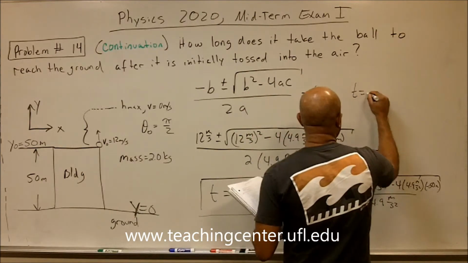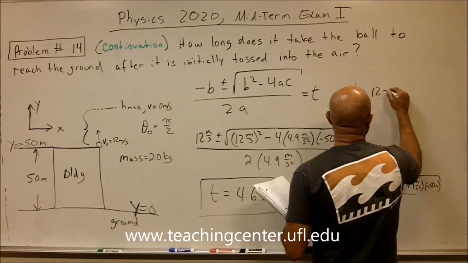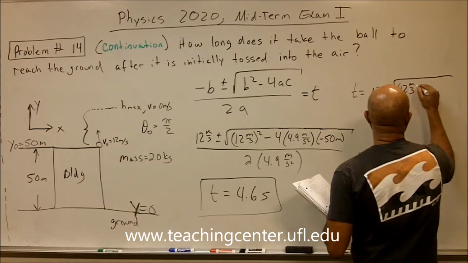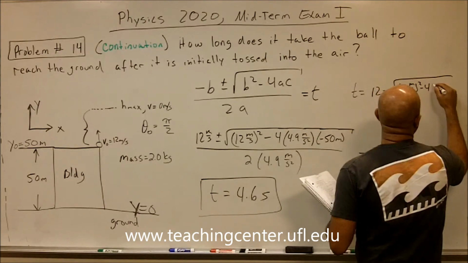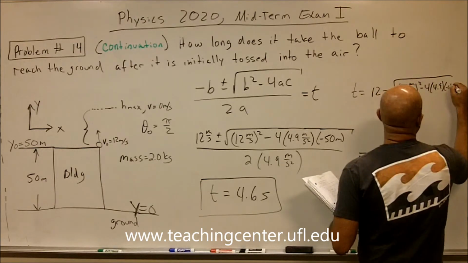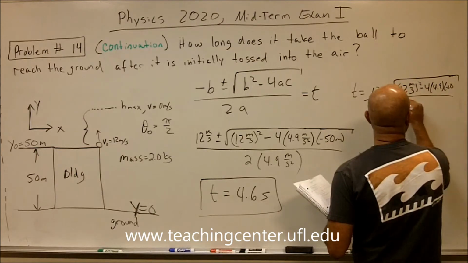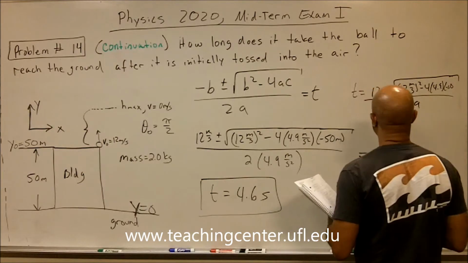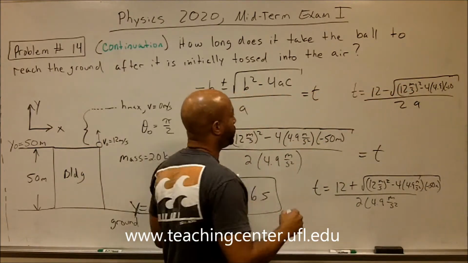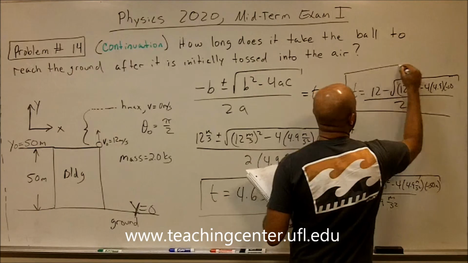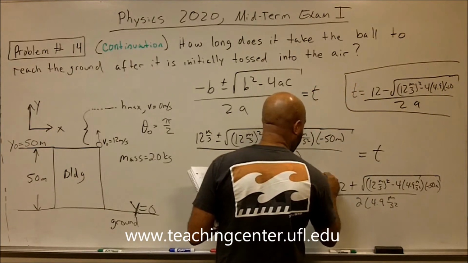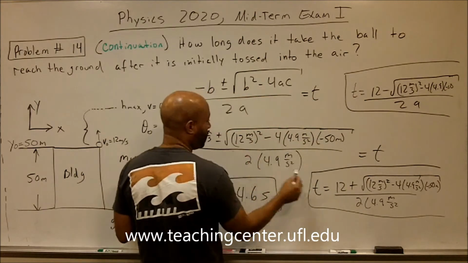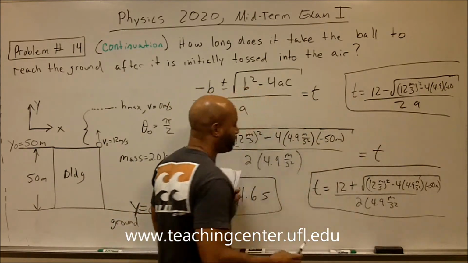And then the other t is going to be 12 minus that. Okay? So here are the two t's. When you solve the quadratic equation, you're going to get 12 plus this and 12 minus that.